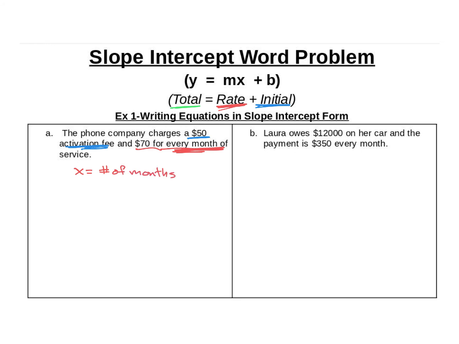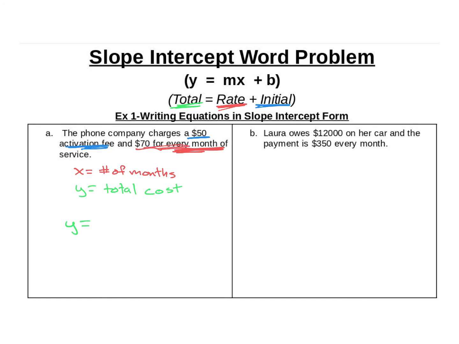Now, the only thing we don't know here is what the total is, but it looks like your Y is going to be your cost of the phone. So in this situation, this is going to be a total cost. When you look at this equation, a lot of times with these, the Y doesn't change much.